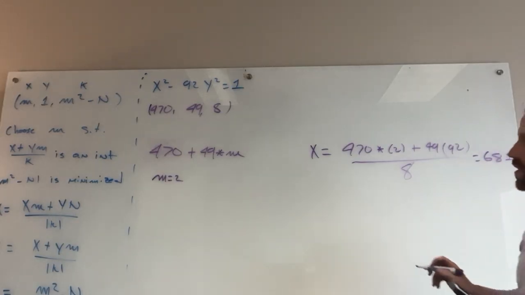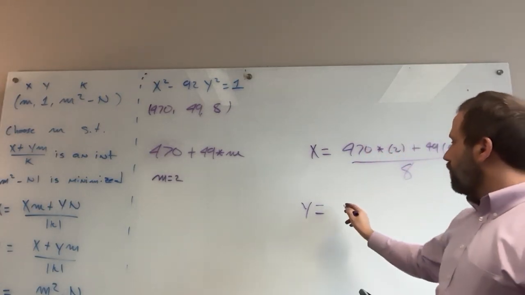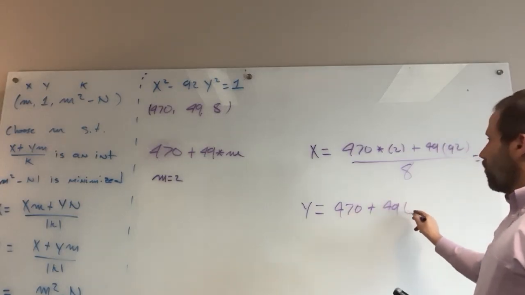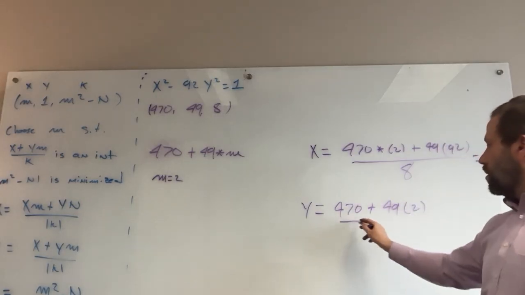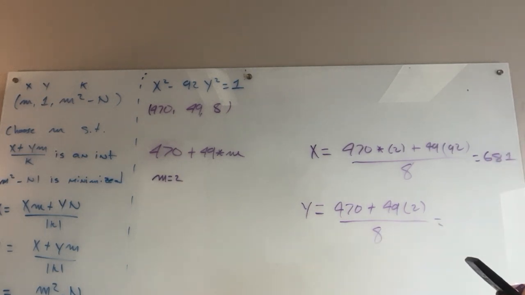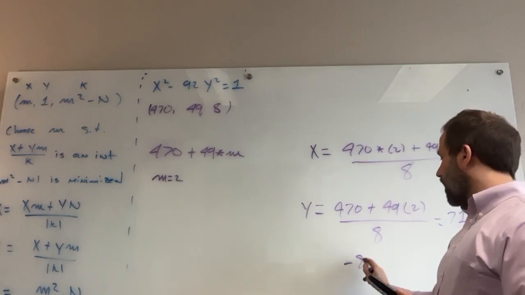681. Now y is going to be 470 plus 49 times 2 divided by 8. So we're going to have 470 plus 49 times 2, divide that by 8, and we get 71. And then we're going to have minus 88.